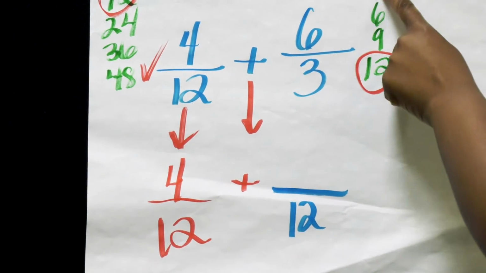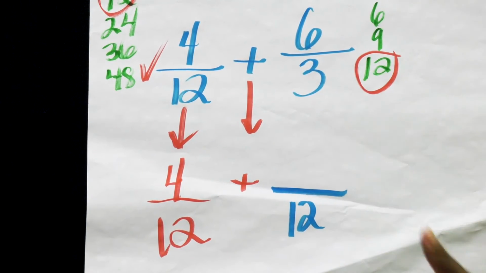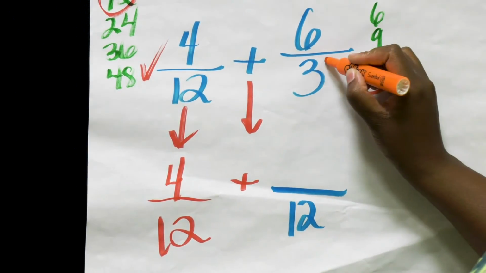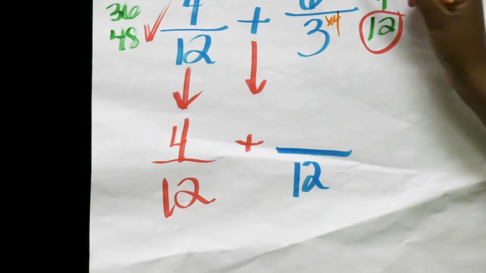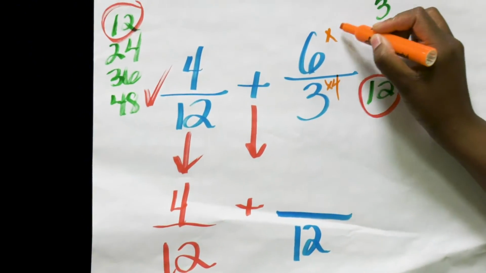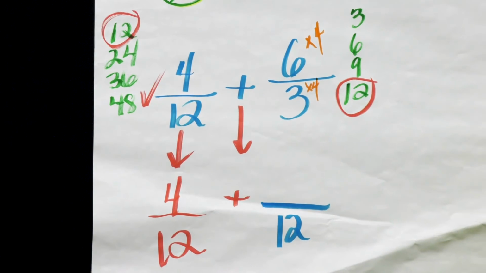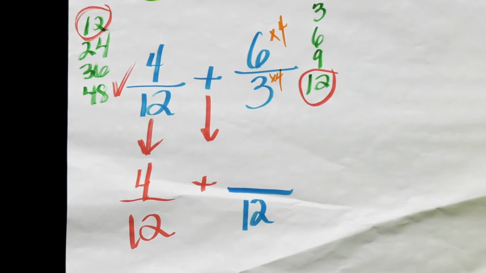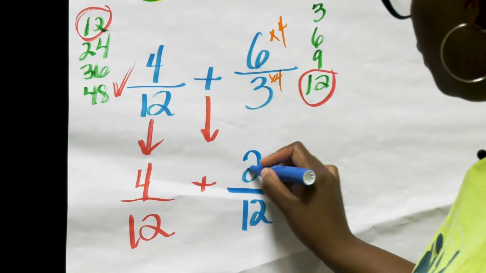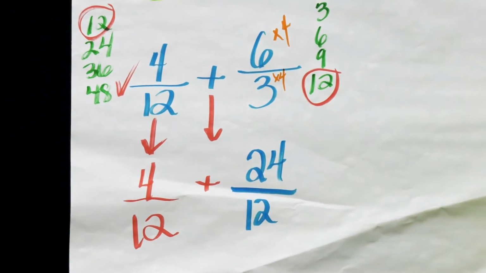You can see here we multiply by 1, 2, 3, 4. So 3 times 4 equals 12. I'm going to do the same thing to the numerator: 6 times 4 to get my new numerator. And 6 times 4 is 24.